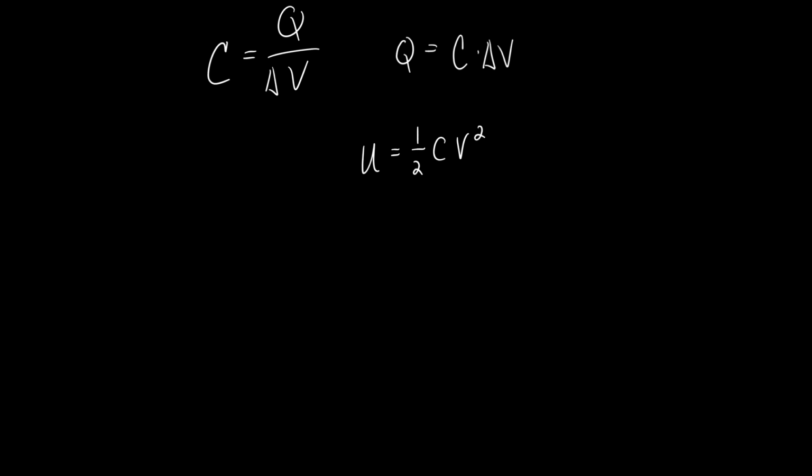So you could talk to me about the energy stored in terms of charge and capacitance, or in terms of charge and voltage, right? All you have to do is do a couple of substitutions here, and you can have different ways of expressing how much energy is stored in a capacitor. All right? Now, again, we'll prove that in a little bit.